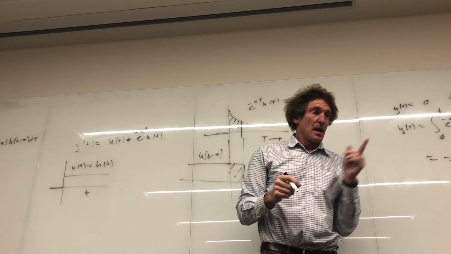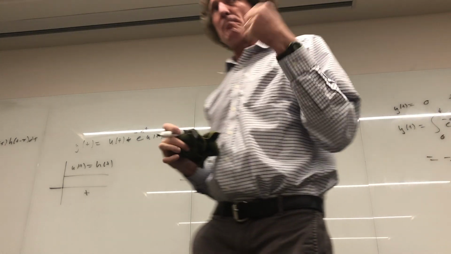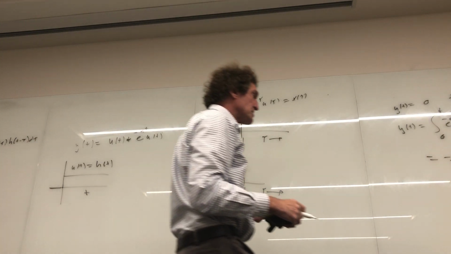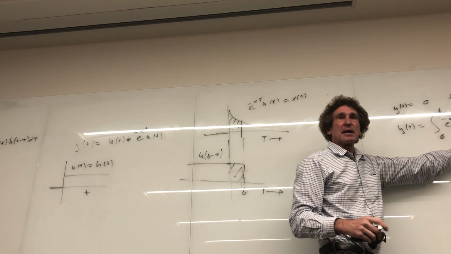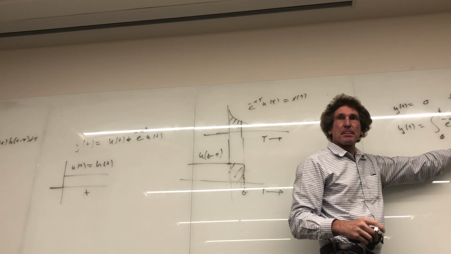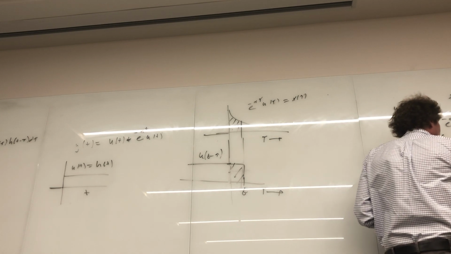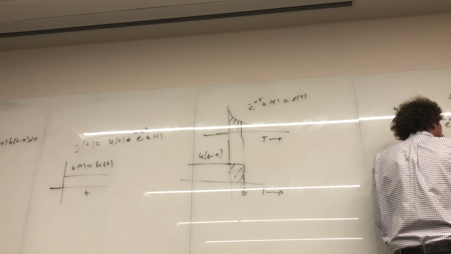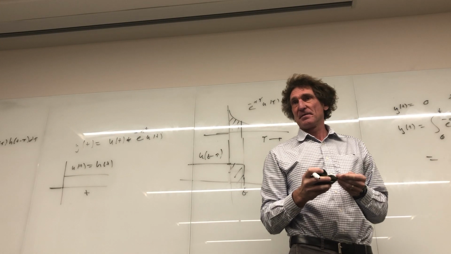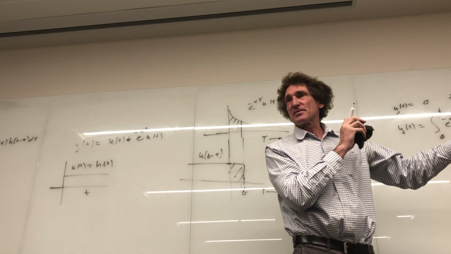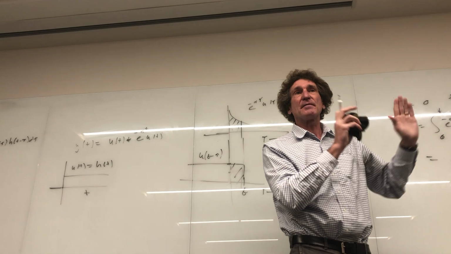Now, what I do at this point, and I encourage you to do that, when you see a minus sign in front of an evaluation, switch these limits and make it a positive. Make that 0, make that t. The reason I do this, it'll simplify. You'll get a minus all the time, and sometimes you forget one of the minuses. So do it this way, and then you don't have that problem.